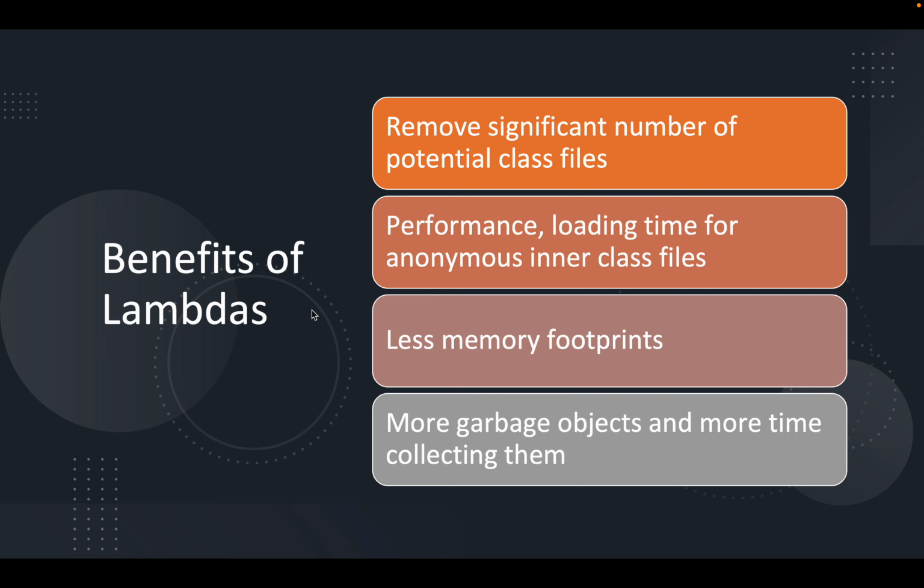That reduces the loading time for anonymous class files and many other class files. We also see that there is less memory footprint, because if you don't have to load all those things we mentioned, it means that there is nothing to store, and obviously you have less memory footprint. And the objects to be garbage collected also are reduced.